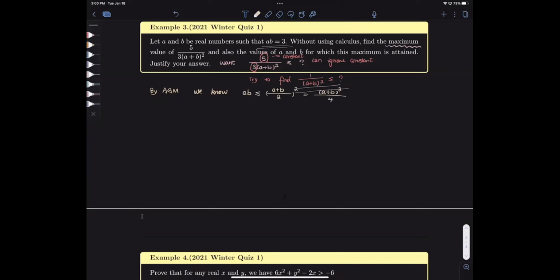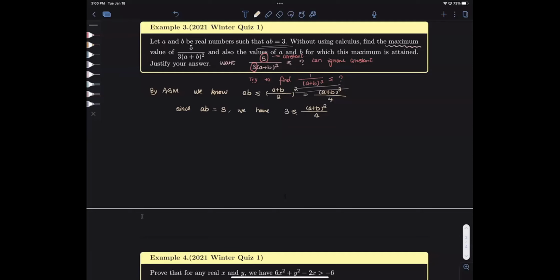And we know that ab equals 3, so we would have 3 is less than or equal to (a plus b) squared over 4.